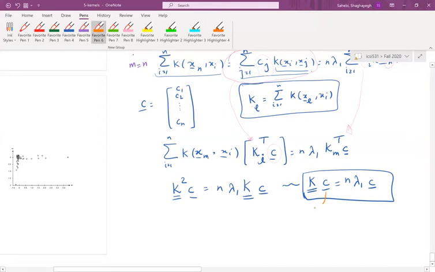We will know that c is the eigenvector for K, and n lambda 1 is the eigenvalue for K, right?